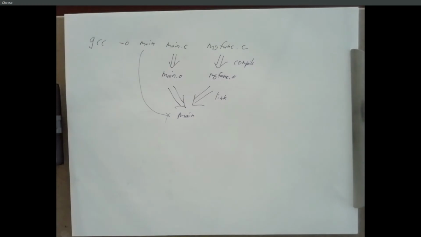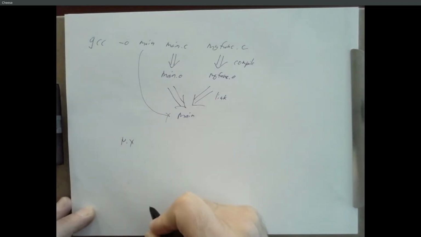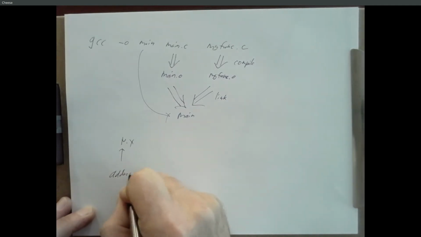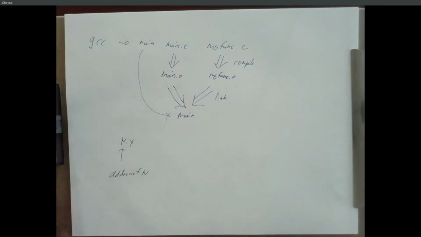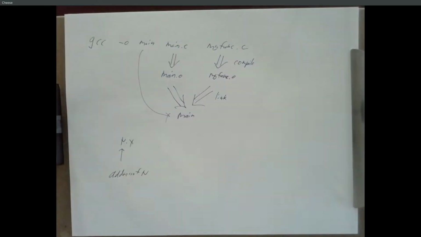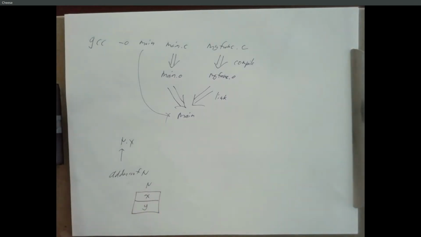What it thinks is, if I say n.x, take the address of n and tell me what's at that location. Because when I say on the left, struct stuff, integer x, integer y, it's getting ready to create this variable n, and it's going to store x in the first 4 bytes, and it's going to store y in the next 4 bytes.